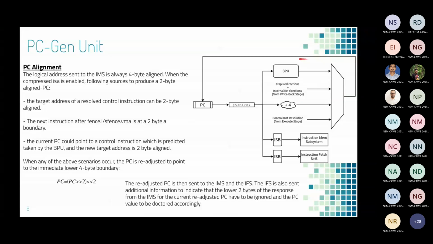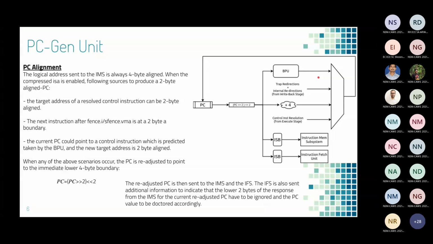The fourth source is the branch predictor. So we have a branch predictor in place. It takes the current PC. It first checks whether this PC was actually a branch instruction earlier, and if it was, whether the branch was taken, and what was the target address it jumped to, right?